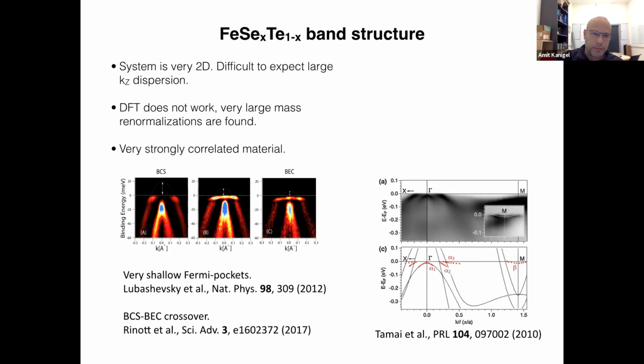So the DFT predictions seem to hold when you are thinking about the KZ dispersion, but they are very different from the experiment when you look at the planar dispersion. So we decided to measure more carefully the band structure along the KZ direction.